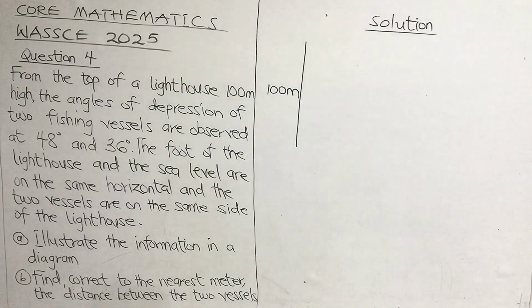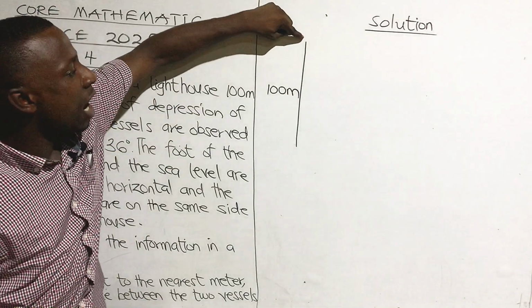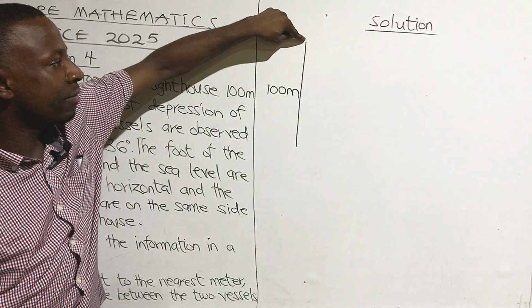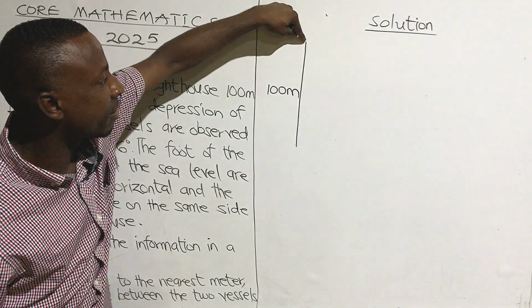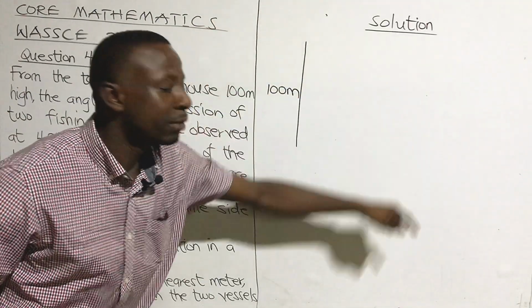The angles of depression of the two fishing vessels are observed at 48 degrees and 36 degrees. Now, because we are talking about angles of depression, it means that we have a person here observing the vessels beneath. So the person is here observing the vessels at the base.